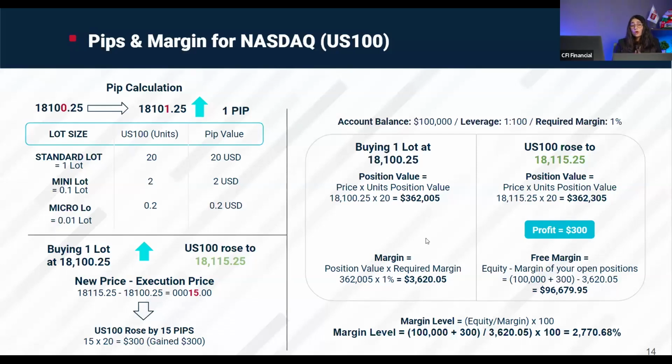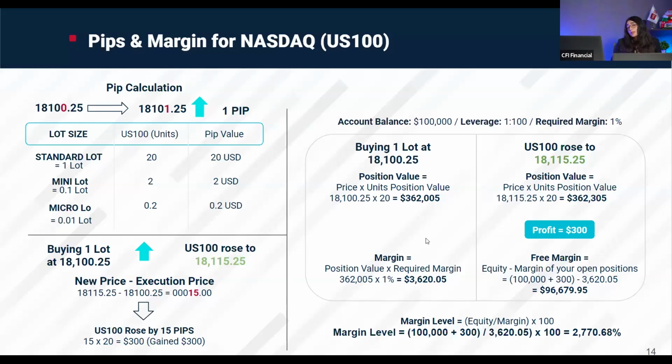So to be able to know how much it's going to actually cost me by having leverage, we need to find the margin. By calculating the margin, I take my position value, I multiply it by the required margin. It's going to cost me $3,620.5. Let's say now the price rose to 18,115.25.